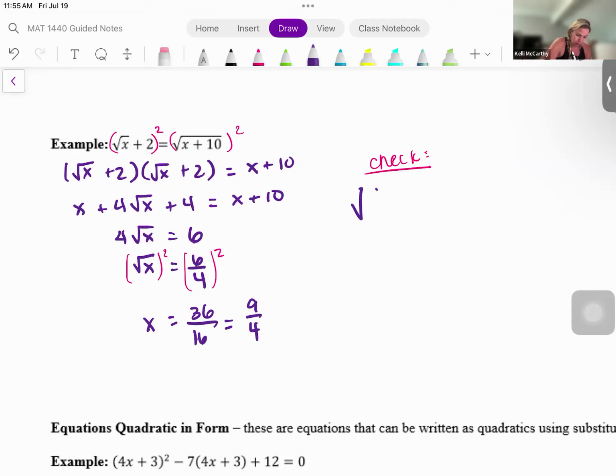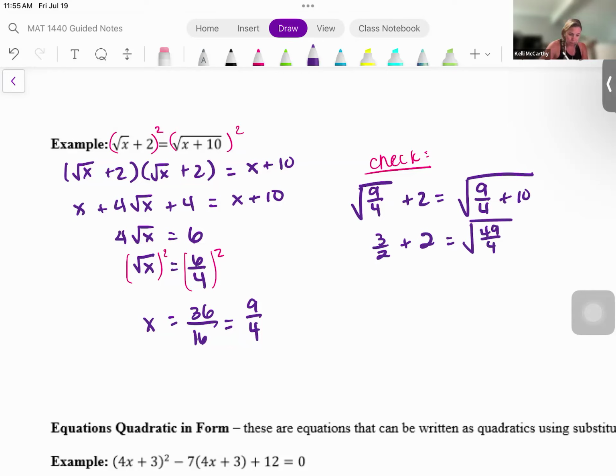We have the square root of 9 over 4 plus 2 equals the square root of 9 over 4 plus 10. The square root of 9 over 4 is 3 over 2 plus 2 equals the square root of 9 over 4 plus 10. If we find a common denominator of 4, this is going to be 49 over 4.